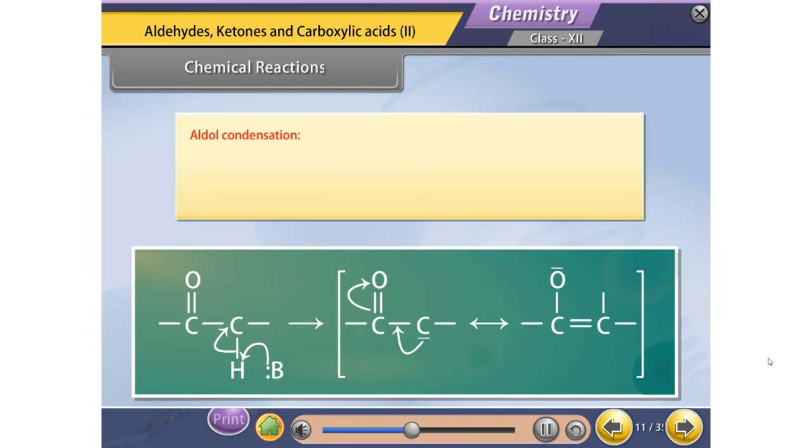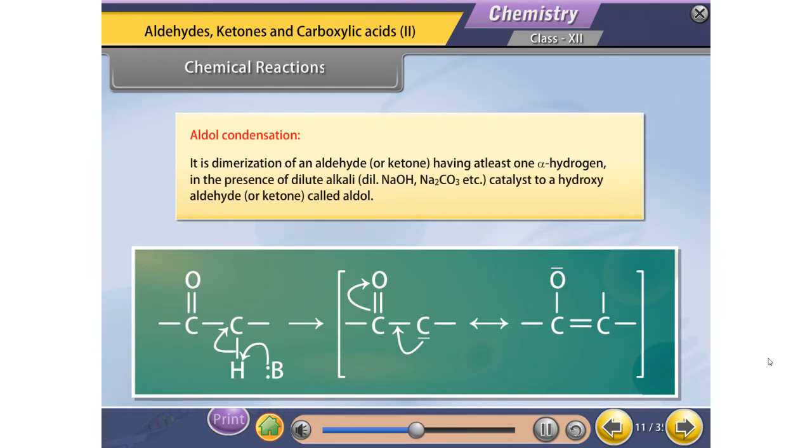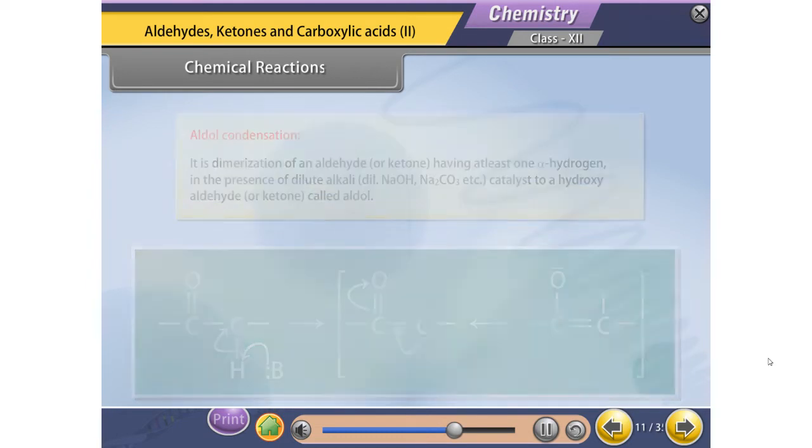Aldol condensation. It is the dimerization of an aldehyde or ketone having at least one alpha hydrogen, in the presence of a dilute alkali catalyst such as dilute sodium hydroxide, sodium carbonate, etc., to a hydroxy aldehyde or ketone called aldol.